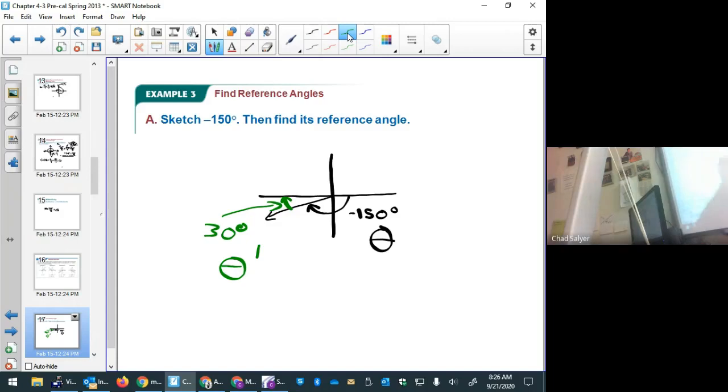We put a little tick mark on the variable to indicate it's a reference angle as opposed to the original angle. Sometimes in a mathematical analysis, it's advantageous to use the same variable for two different things because you want to show they're related, but you also want to be able to make a distinction. So this tick mark is often used to that end. And it's called the prime of that variable, theta prime.